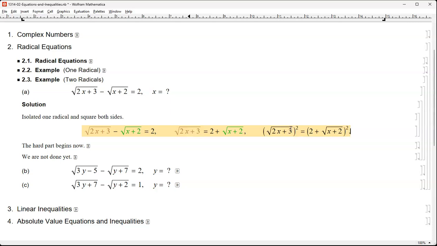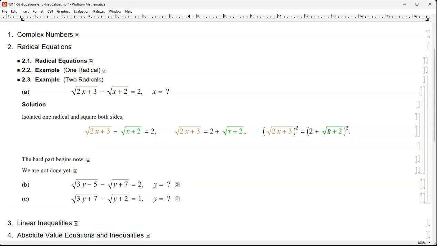If I square both sides, this brown radical squared gives just 2x plus 3, the radical will disappear, but this green will not go away. That's a problem. Here, 2x plus 3 on the left hand side, and on the right hand side, if you FOIL this out, you're going to get something really messy.